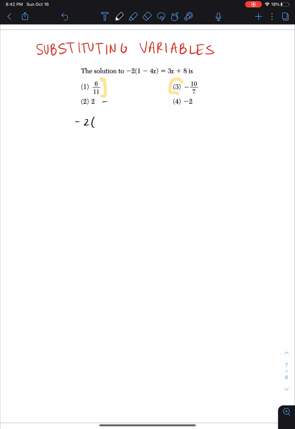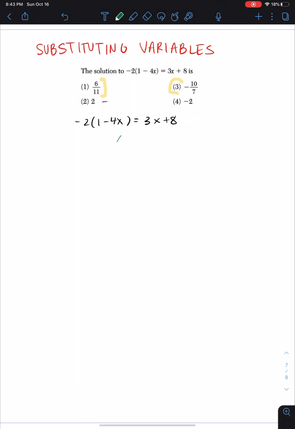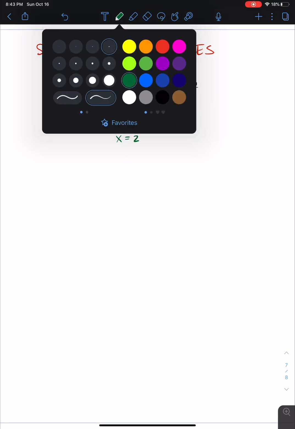We're going to take that equation, -2 times (1 minus 4x) is equal to 3x plus 8. And for x, we're going to substitute in 2.